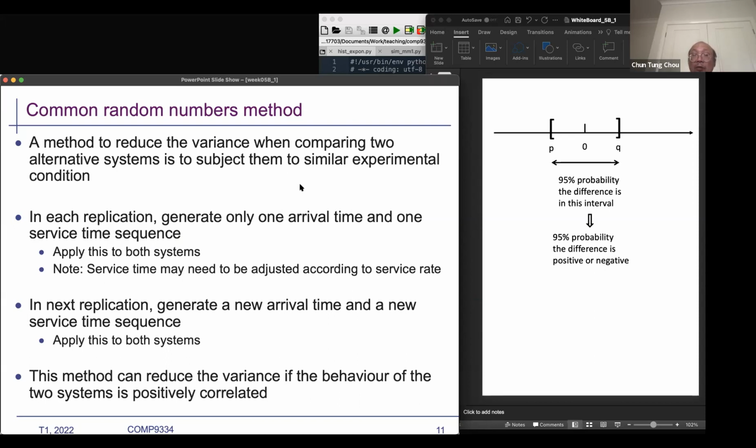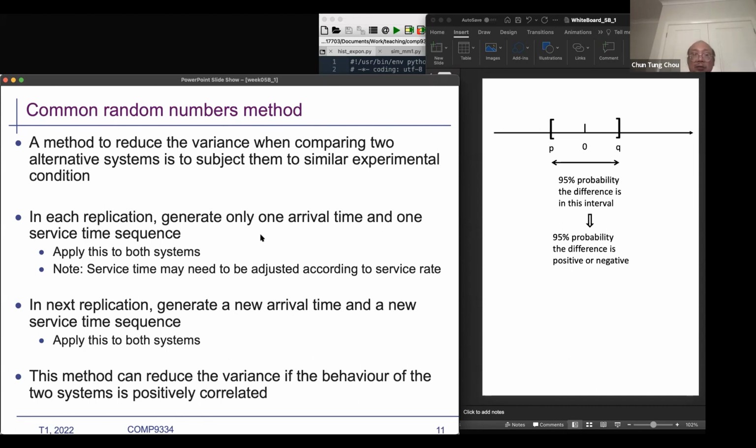Just now, when we tried to compare M/M/1 and M/M/2 queues, the variance is too large, which means the confidence interval is just too wide. A way to make this variance smaller is to subject them to similar experimental conditions. That's what I said earlier.